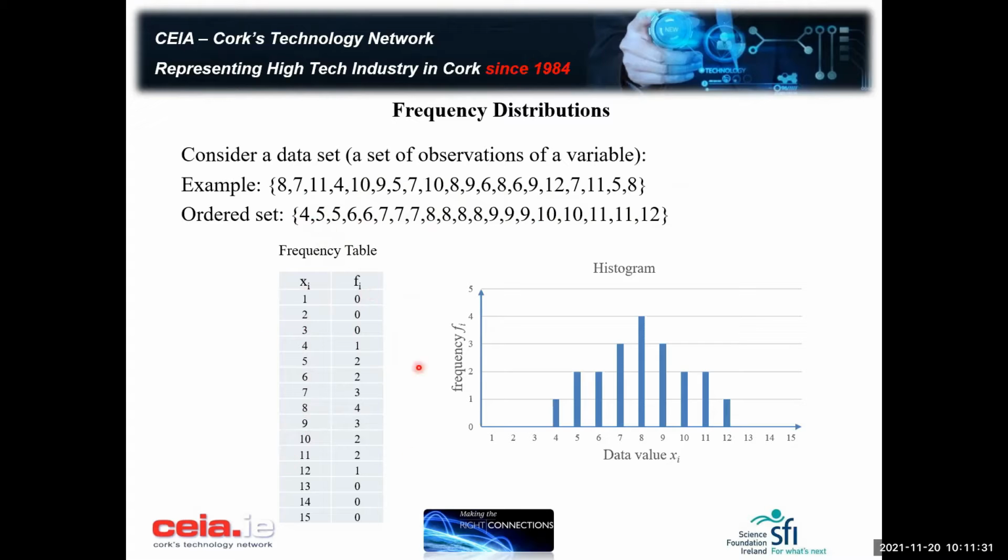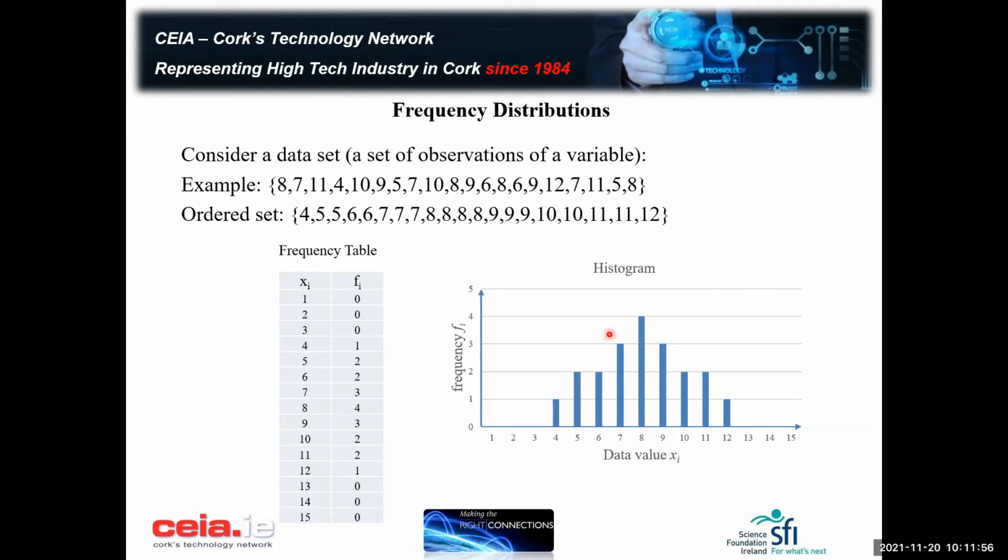So this is a frequency table representation with each data value and its associated frequency. Now you could plot that on a bar chart, or call it a histogram, with each data value and the associated frequency as the height of the bar.